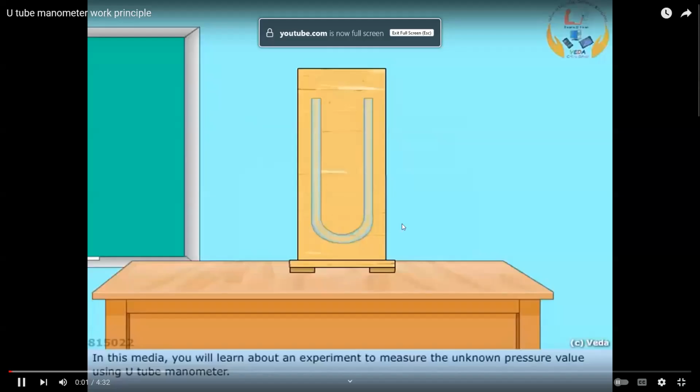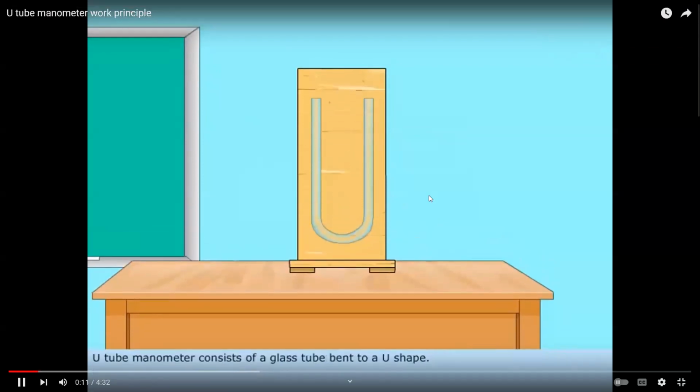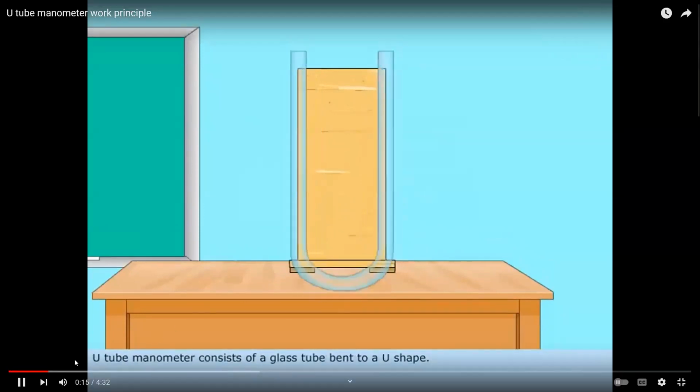Please observe. In this media, you will learn about an experiment to measure the unknown pressure value using a U-tube manometer. A U-tube manometer consists of a glass tube bent to a U shape.